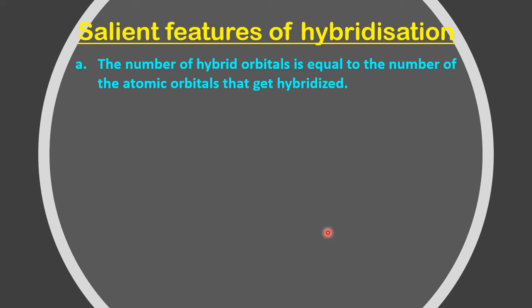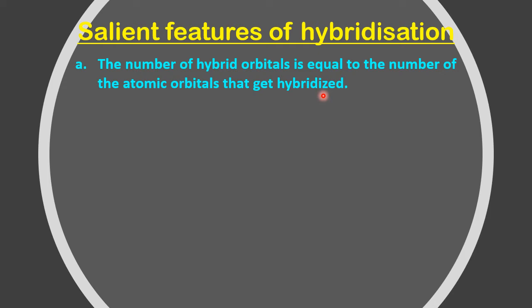Feature number one. The number of hybrid orbitals is equal to the number of atomic orbitals that get hybridized. That means how many orbitals are taking part in the hybridization, after the hybridization, the same number of orbitals are formed. For example, if two atomic orbitals are participating in hybridization, then two hybrid orbitals are formed.